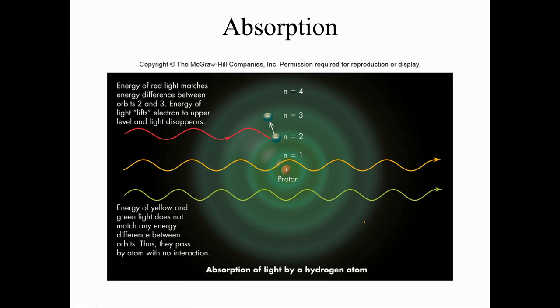Absorption. A lot of these photons or waves coming in do not hit. It's got to be the right type of wave. Why this is important is that each element absorbs different wavelengths, and each element emits different wavelengths. None of them are equal.